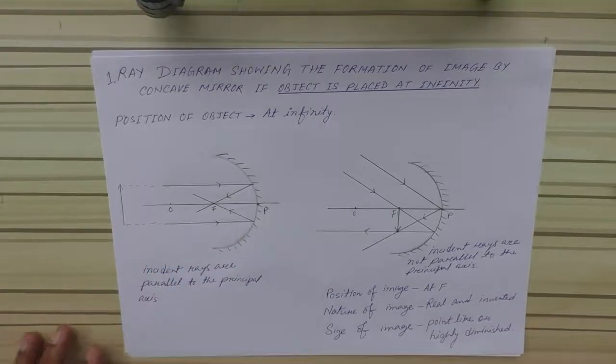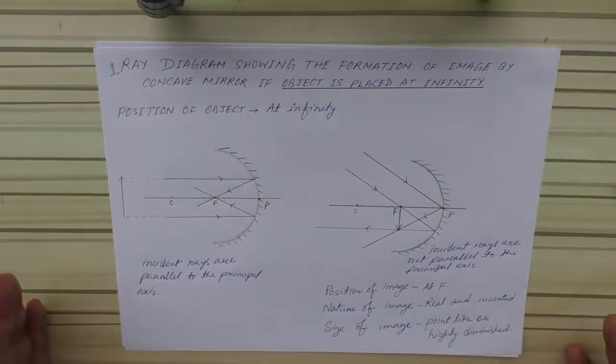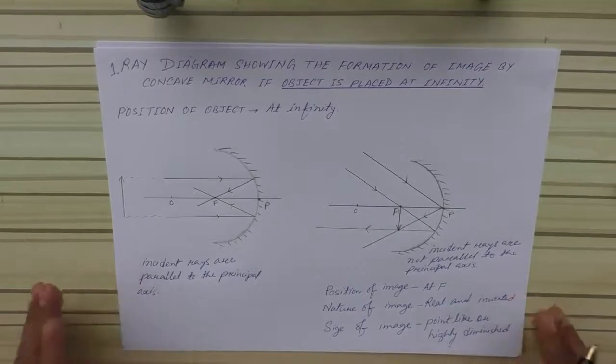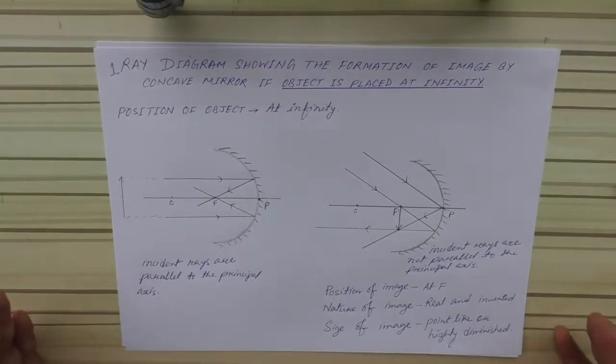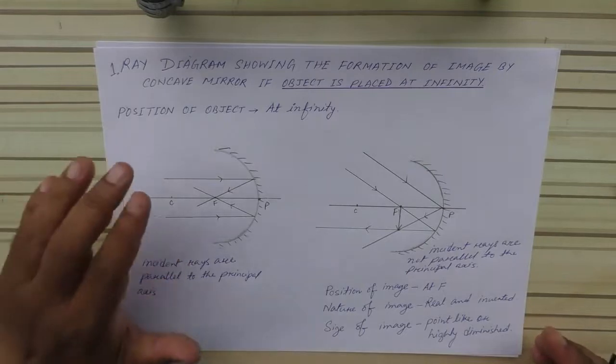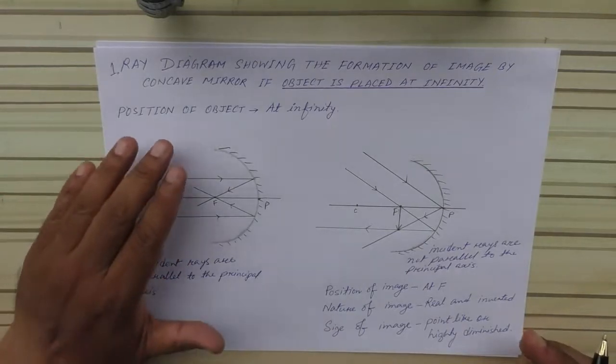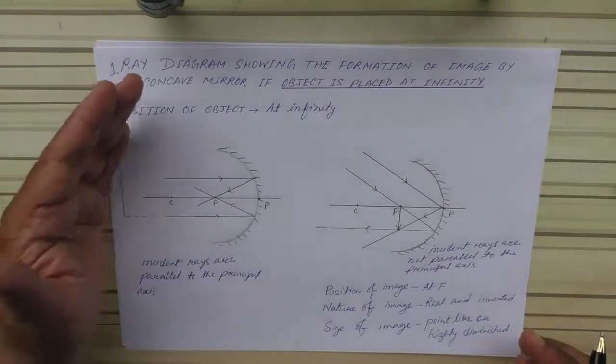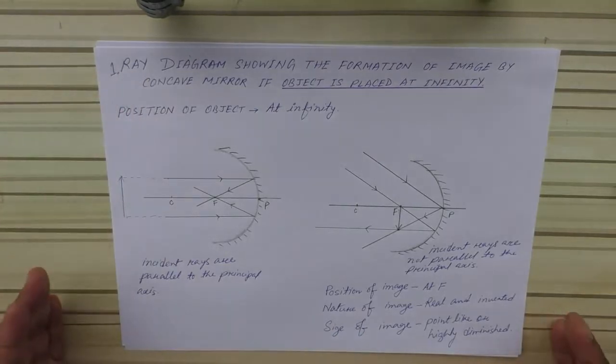Point like or highly diminished. So we discussed the first ray diagram for the concave mirror. In total we will discuss 6 different positions, and the first is where the position of the object is at infinity. If the object is placed at infinity, the image is formed at the focus.